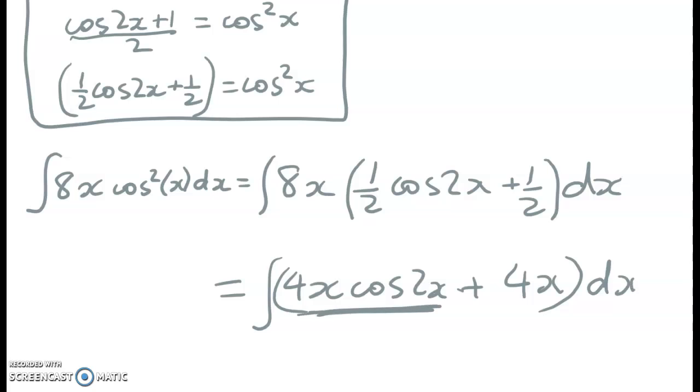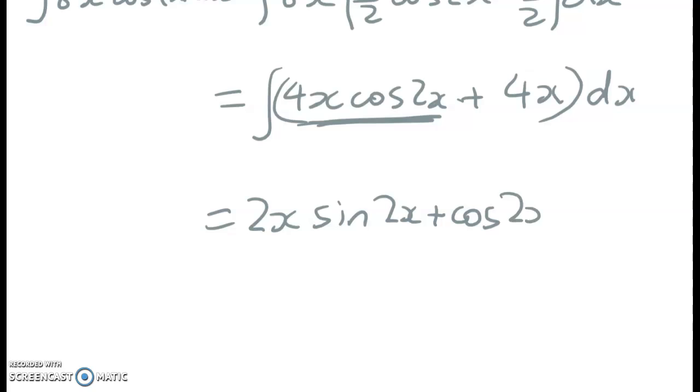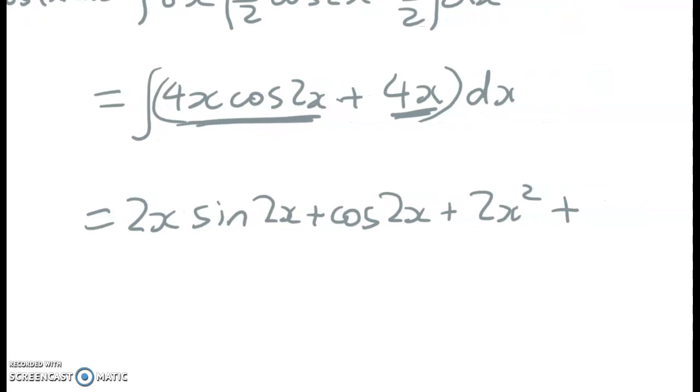This is what we integrated just before. So we can go straight to what we found, which is 2x sine 2x plus cos 2x plus the integral of 4x is 2x squared plus c. And that's exactly what we're after, except not in exactly the right order. So I'll just rewrite it as they asked us to.